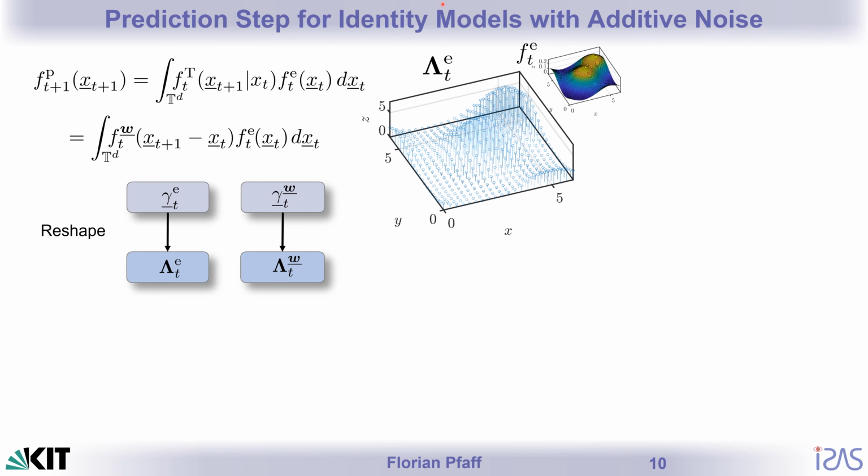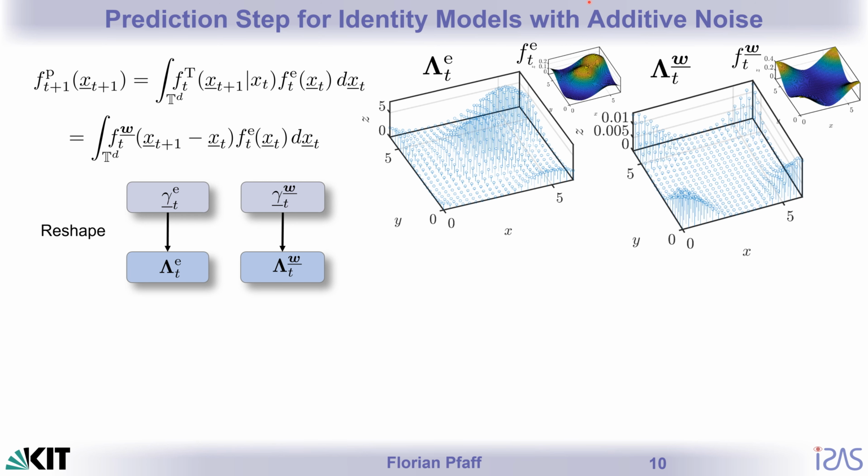So to visualize this, lambda^e would be ordered in this two-dimensional shape, because we are considering a two-dimensional density here, and the grid value is there. This would correspond to this density. For the noise density, same, we have them here on a grid, and we just take this as a matrix.